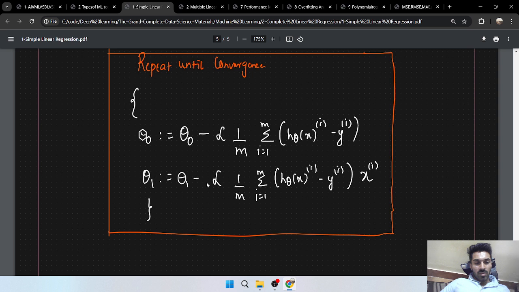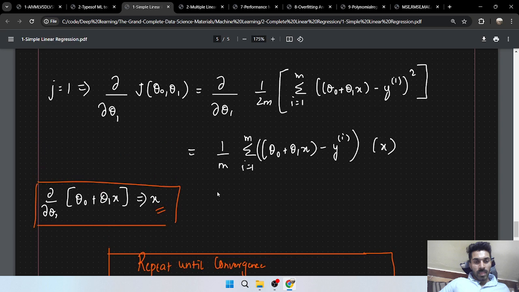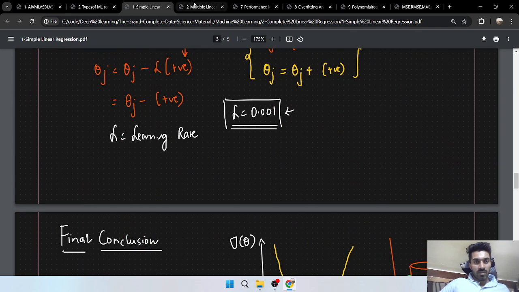And this is for your constant: if you apply the same formula and differentiate with respect to c, the constant, you will get this equation. Repeat until convergence means repeating this formula until you reach the global minima. So that's it for convergence.